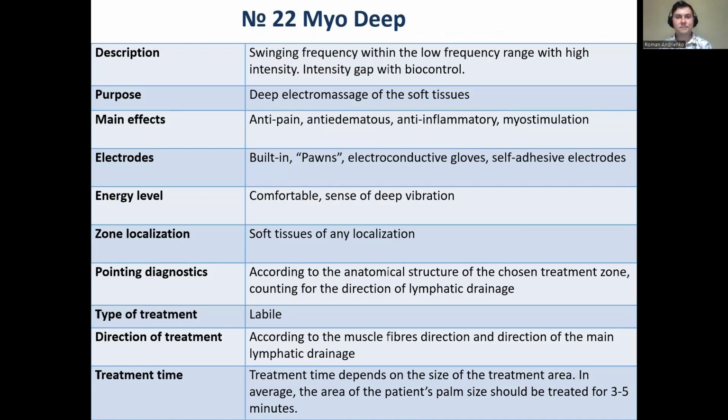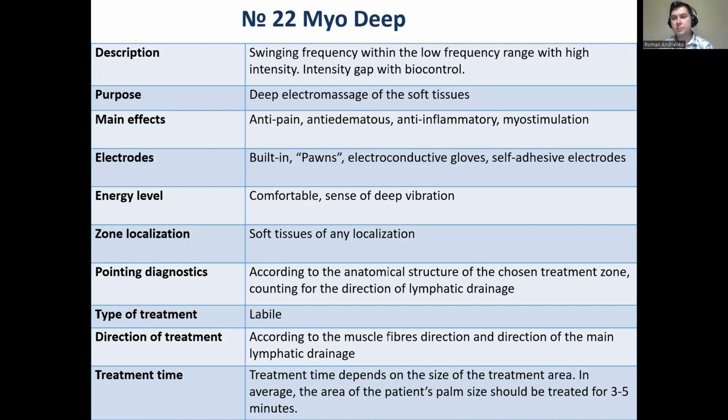Number 22, deep myostimulation. This particular type of electric massage is specifically aimed at deep soft tissues. So if you're aiming for deep stimulation, for deep edema, deep inflammation, this is your choice.